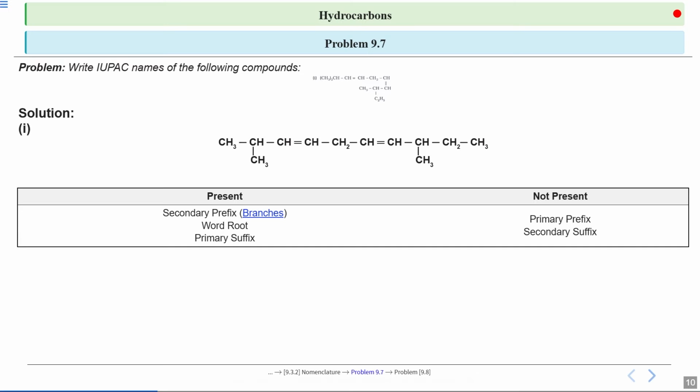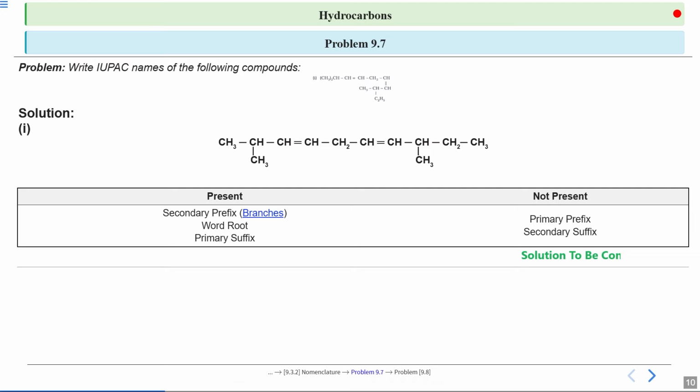No. So these two, primary prefix, which is used for cyclic compounds, and secondary suffix, which is used for functional group, are not present here. But we have the secondary prefix, which is our substituent. If you select the longest chain, you will see that there are substituents for which we have to assign the secondary prefix. Word root is mandatory, and of course primary suffix is also mandatory. The extra thing that we have here, apart from the mandatory ones, is this secondary prefix, which is denoting our branching.